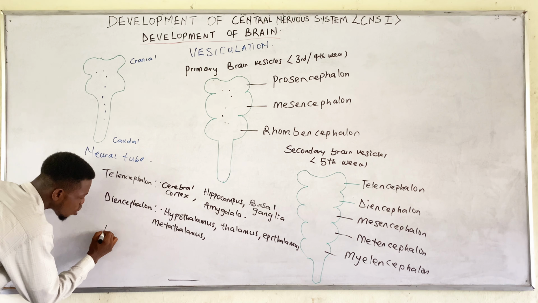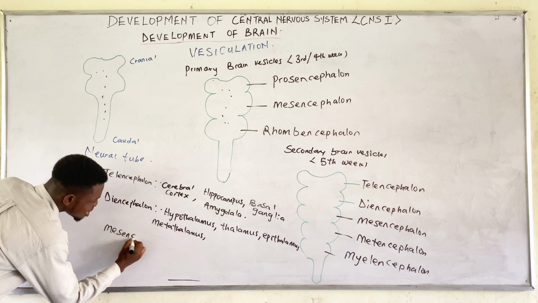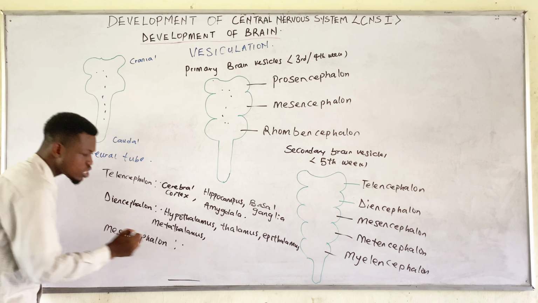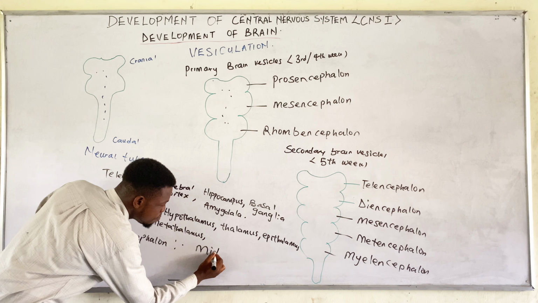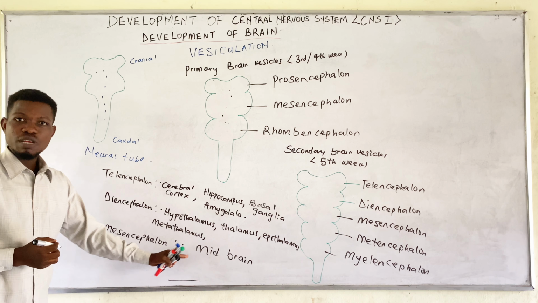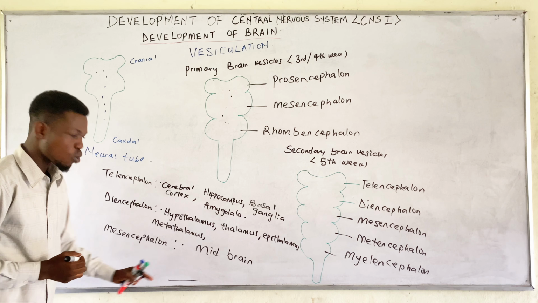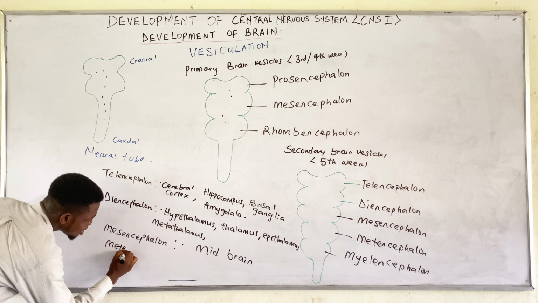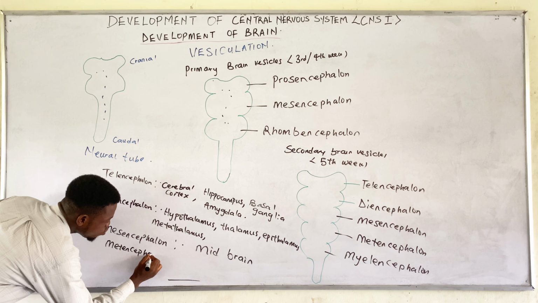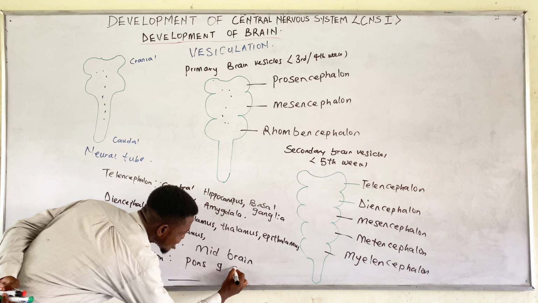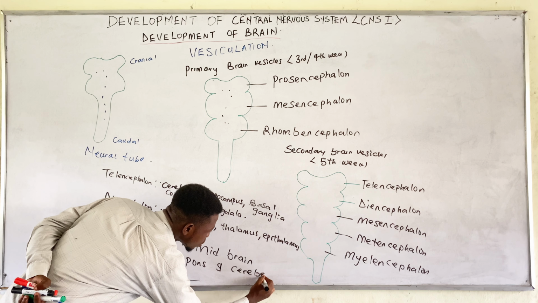The mesencephalon will also give rise to the future adult brain, which is the what? Midbrain. Yeah. The midbrain comes from the what? Mesencephalon. And we also have the metencephalon. The metencephalon will give rise to the pons and cerebellum.